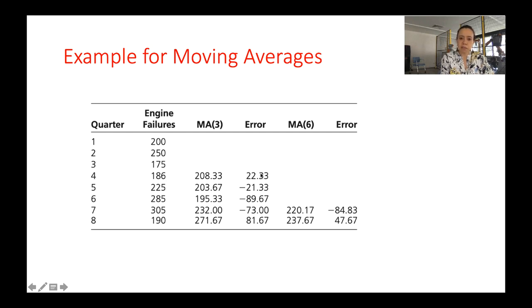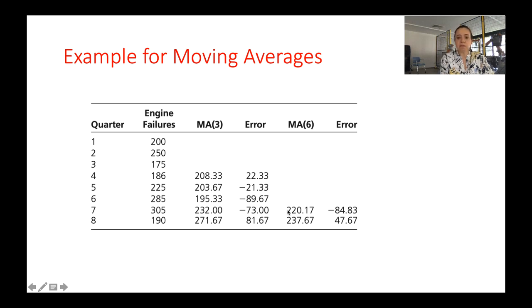Here in this column, the errors are given. We obtain the error by the difference of our forecast and the real observation. And we go on like this. For periods 7 and 8, it is asking to calculate the forecast by using the method moving averages order 6.